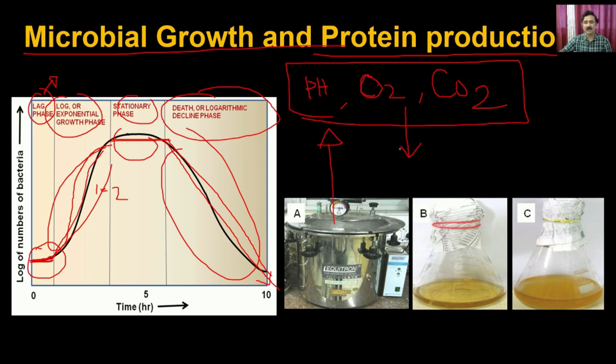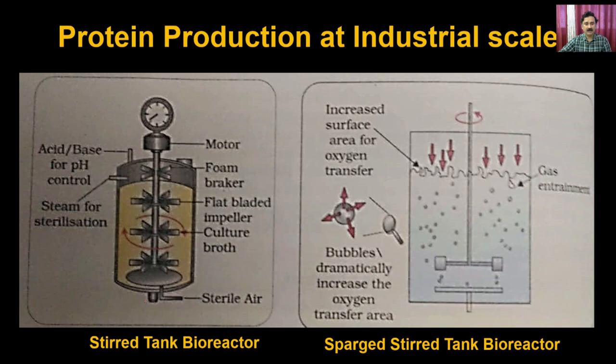All these factors contribute a lot to controlling the microbial growth and the production of that particular factor. That's why all these factors have to be monitored and controlled, and you can achieve that simply by having a bioreactor.